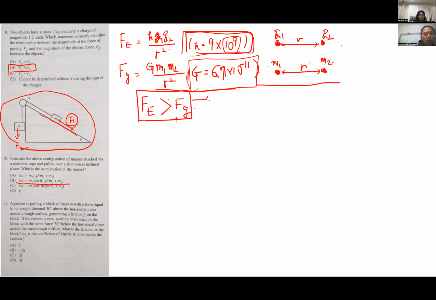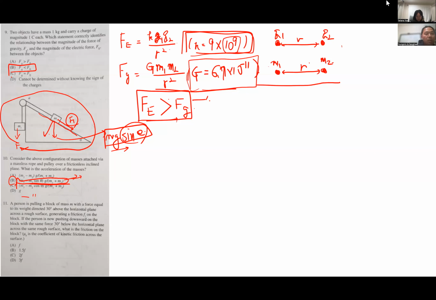Here F1 is mg times sine theta, so sine theta must be in the description of this relationship. If you look at A, B, C, D, only B has a sine function in the description, right? So B must be the answer. That is the easiest, fastest way to find the answer out of these choices.